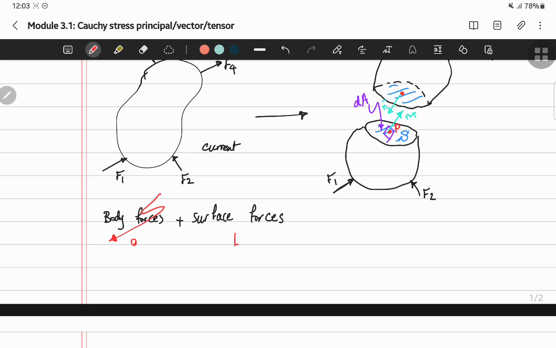So these surface forces can be characterized via the concept of stress vector.